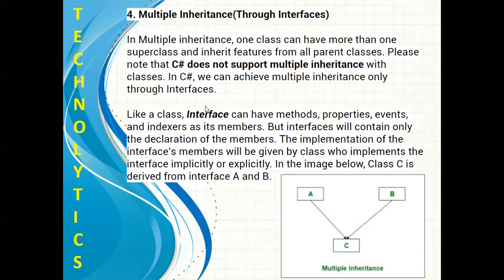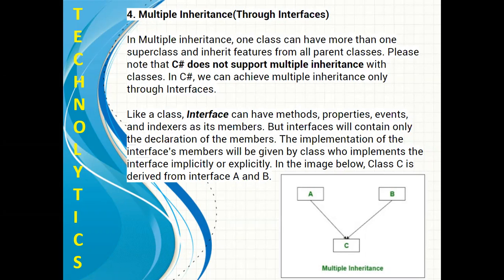In multiple inheritance, one class can have more than one superclass and inherit features from all parent classes. Please note that C# does not support multiple inheritance with classes. In C#, we can achieve multiple inheritance only through interfaces.